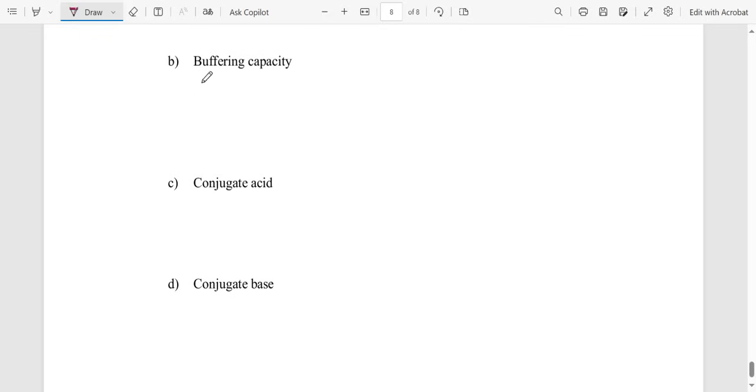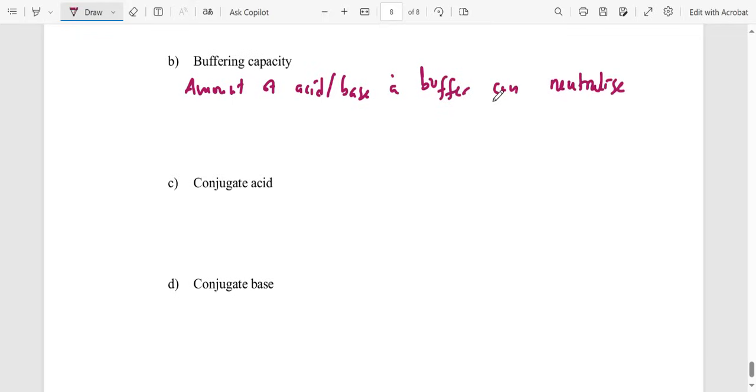That's what we call buffering capacity: the amount of acid or base a buffer can neutralize before the pH begins to change significantly.